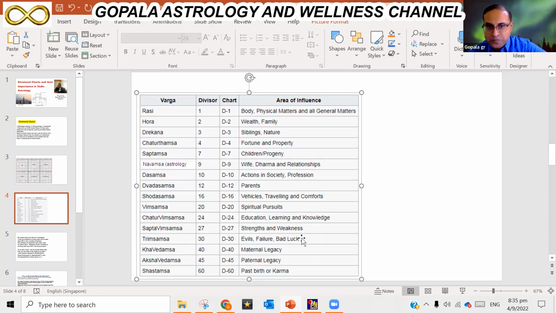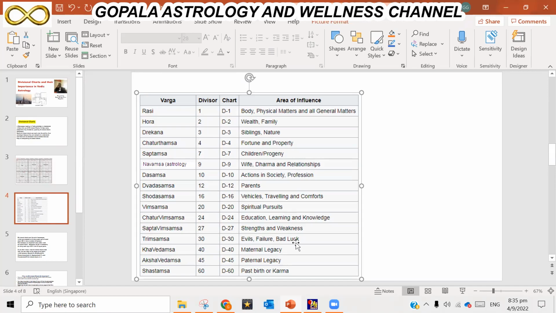Since D27 talks about strengths, and Trimshamsha or D30 talks about all your enemies, right, what evils you are going to face, we have to always study D27 and D30 side by side. How well you are going to defeat your competition is seen through the strengths you have in D27.